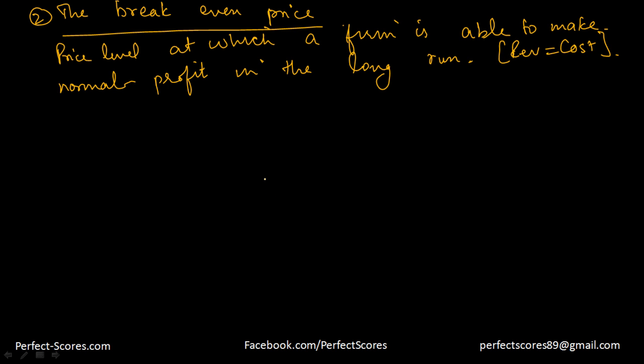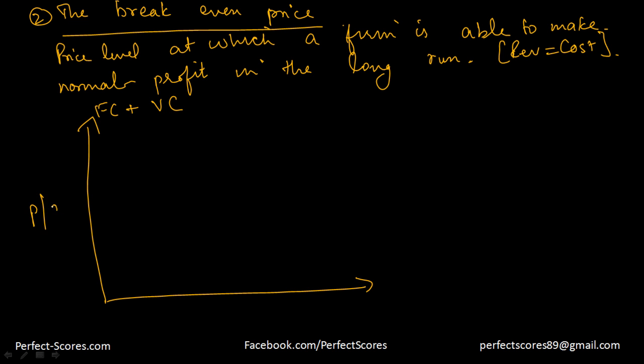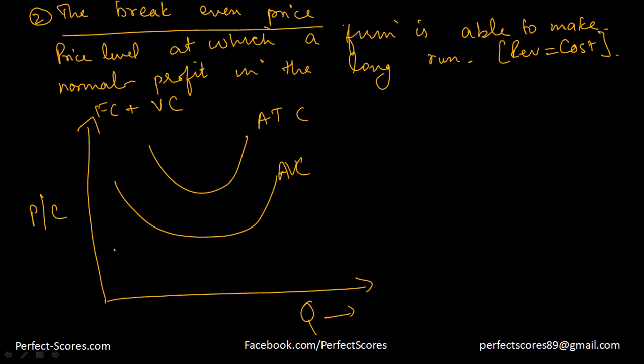So that means it's covering the minimum total cost. It's covering the fixed cost as well as the variable cost. If I were to draw my graph, this is the price and the cost and this is the quantity, again the same stuff: the average cost, the average variable cost, average total cost, and this is my marginal cost.